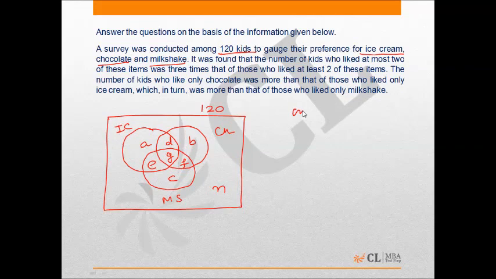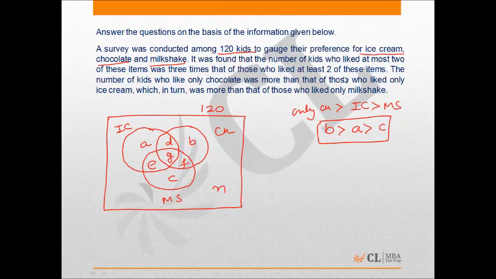So only chocolate greater than ice cream greater than milkshake. Put it in these variables, I will get B is greater than A greater than C.